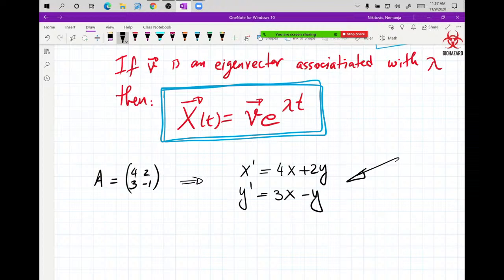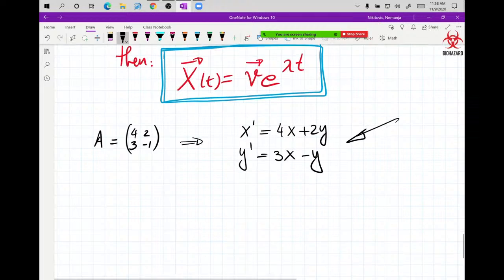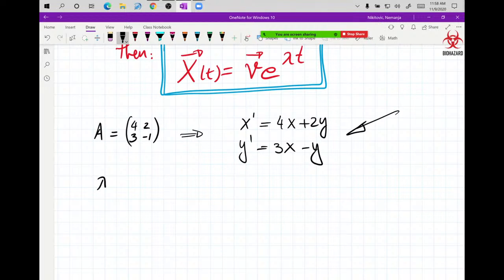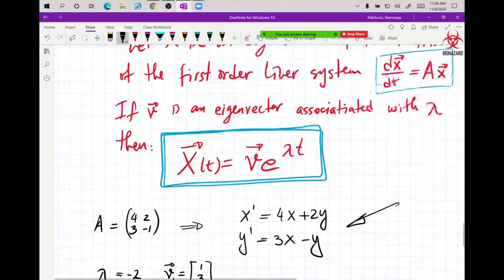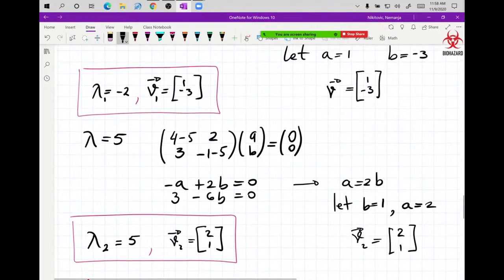And we transformed them, right? But now I have a way to quickly solve this. Well, relatively quickly. What I found is lambda 1 was negative 2, and the associated eigenvector v1 was 1, negative 3.